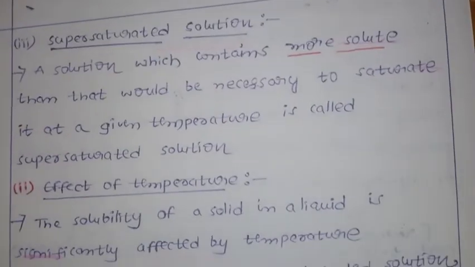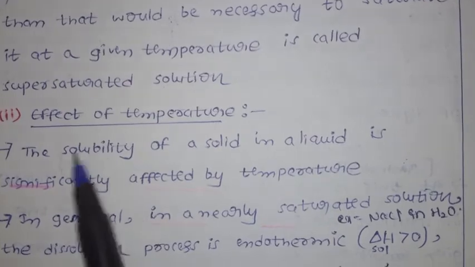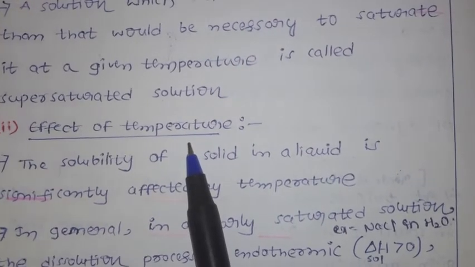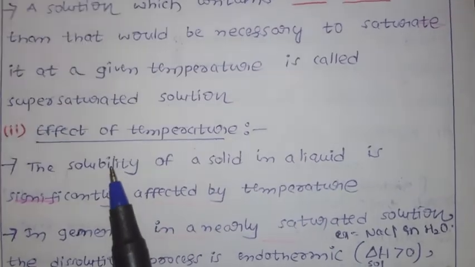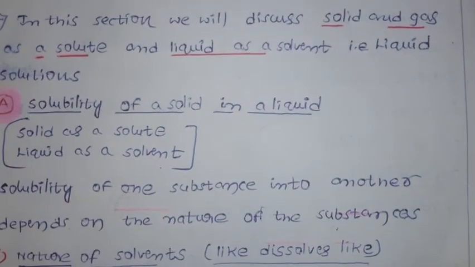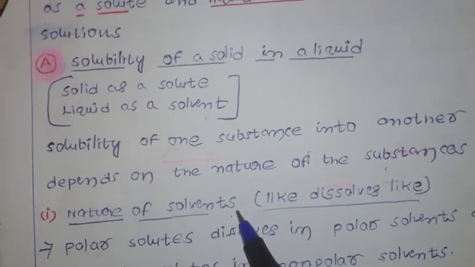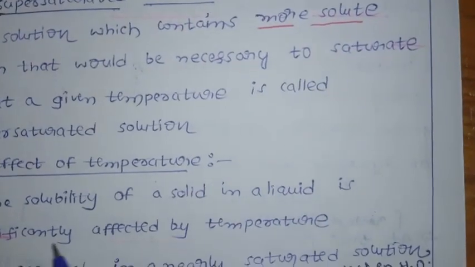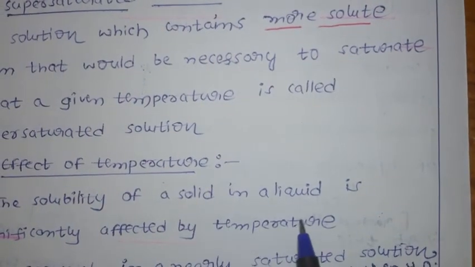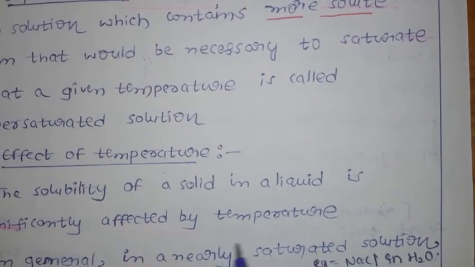Okay, next let's discuss the effect of temperature. Already we discussed the first factor affecting the solubility of solids, the nature of the solvent. Next we have the effect of temperature. The solubility of a gas or a solid in a liquid is significantly affected by temperature.